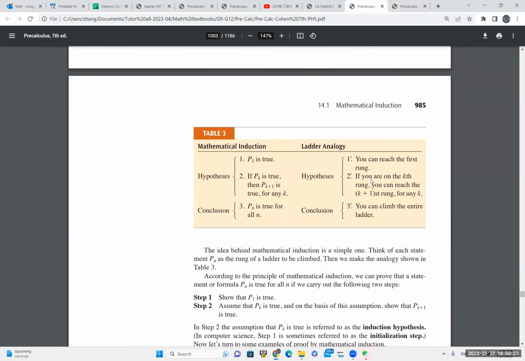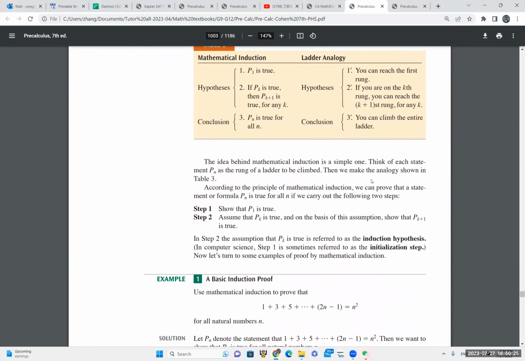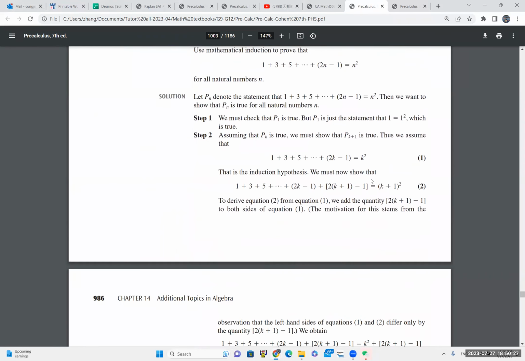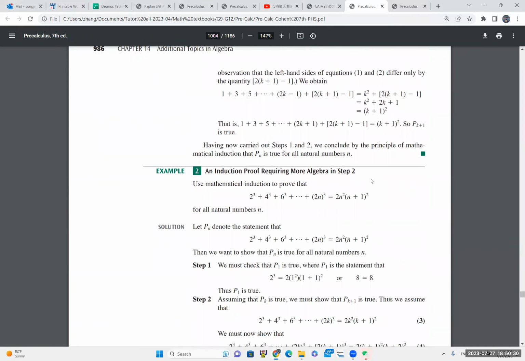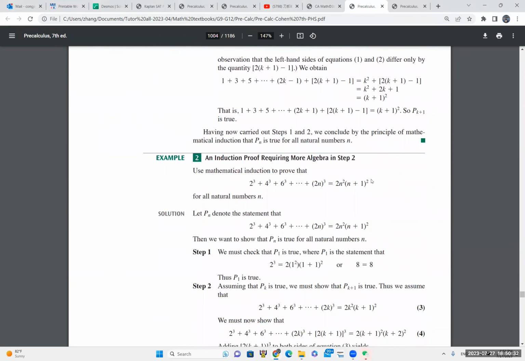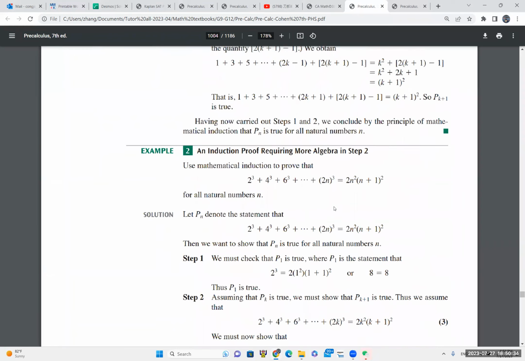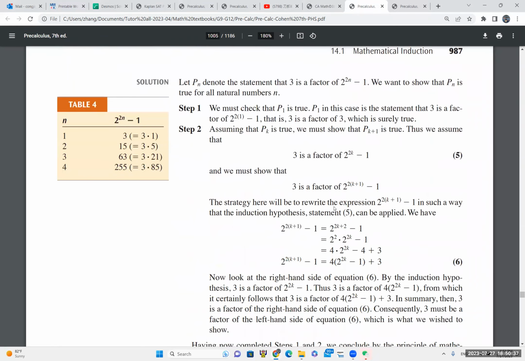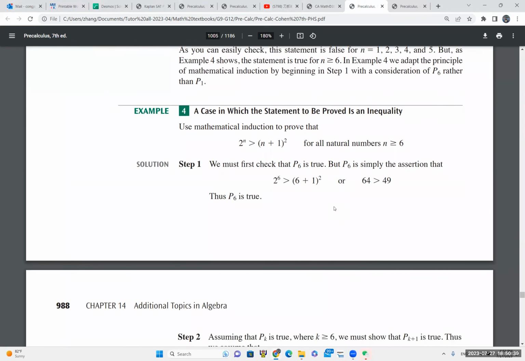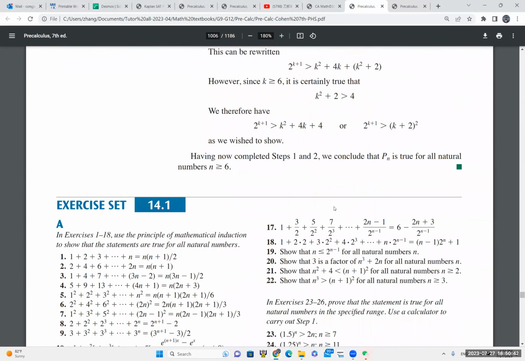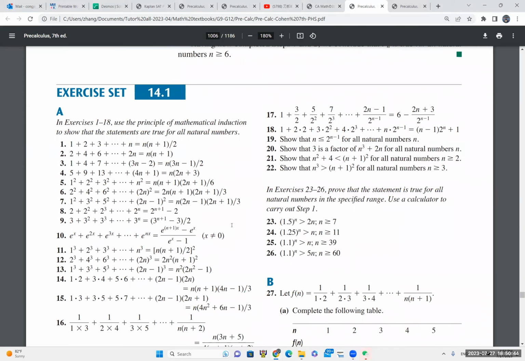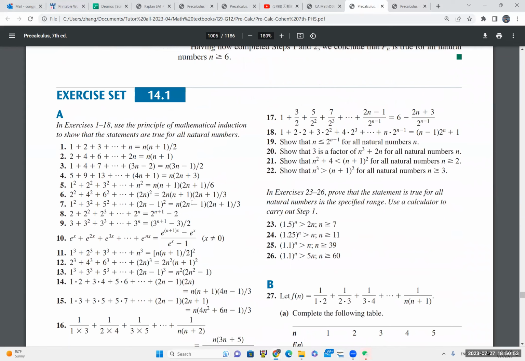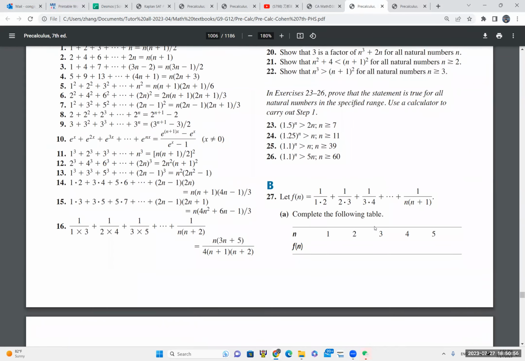Okay, they just tell us this. Okay, let's do some exercises. True for all natural numbers.